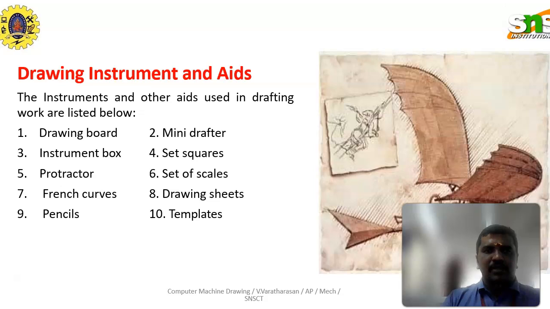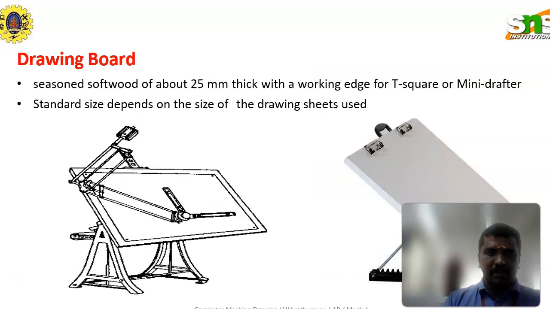Next, what are the drawing instruments and aids used in this particular subject? Drawing board, mini drafter, instrument box, set square, protractor, set of scales, French curves, drawing sheets, pencil, templates. These are the things we use as drawing instruments.